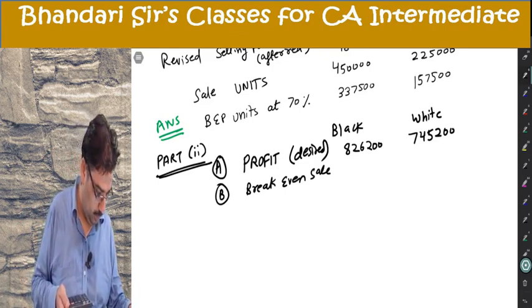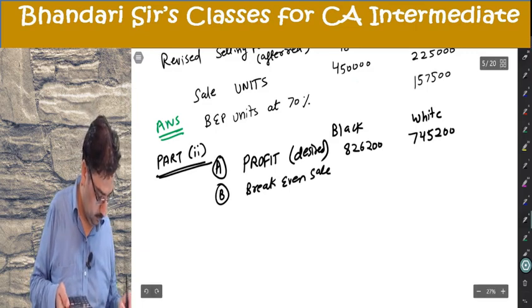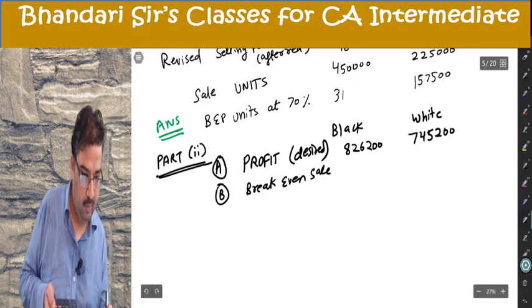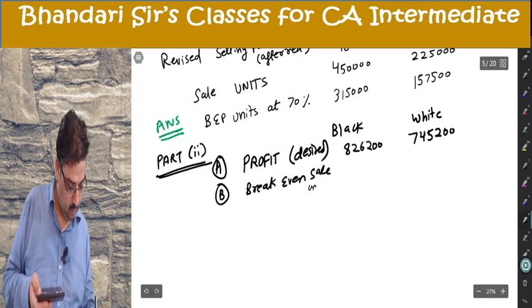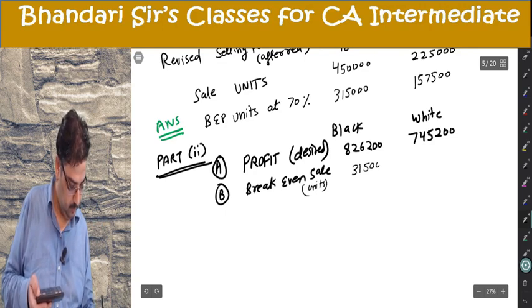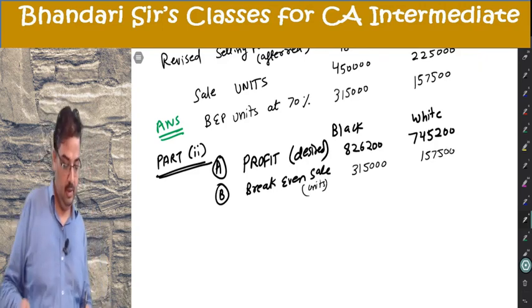I think I computed wrongly earlier. You can correct that. 3,15,000 in units and 157,500. This is break-even point in units.